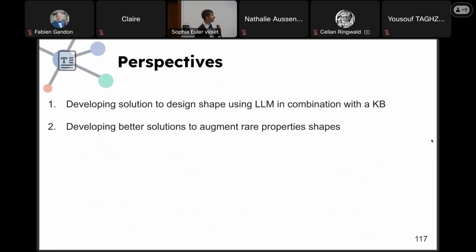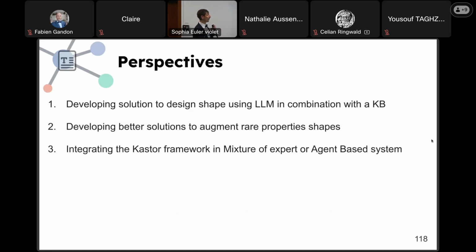Secondly, we saw that it could be interesting to develop augmenting strategies to augment the rare properties' shapes. We also already prepared and fine-tuned different experts using the CASTLES framework, so it could be really interesting to combine and use all of them using higher-level frameworks, maybe a mixture of experts or integrating them into an agent-based system.